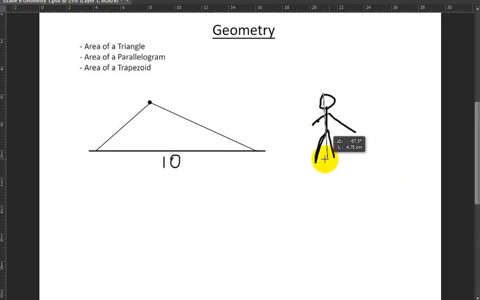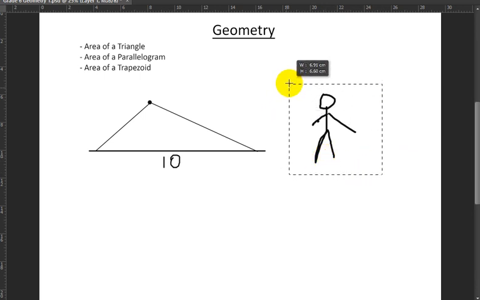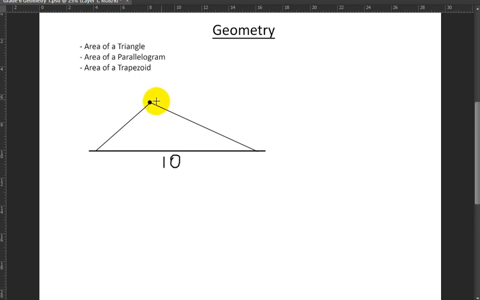We take the tape directly to the ground, right? Well, that's the same thing with the triangle. We don't want any of these lines that go to the side. We want the line that is perfectly perpendicular to the side that we're talking about. We don't want this line or any other line. We want only the one that is perfectly perpendicular to this side. So there we go. This side is called the height of the triangle.